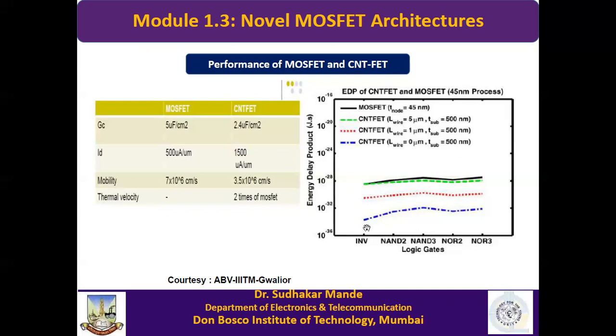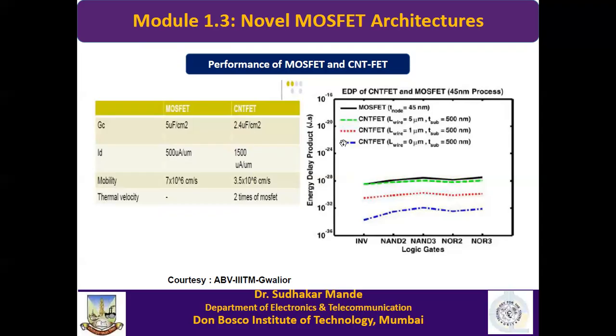You can see the energy delay product is better for the CNT FET. If you increase the length of the CNT FET by just 5 nanometers, then its energy delay product increases. But if its length is less, energy delay product is better. And thus, CNT FET gives us better performance.